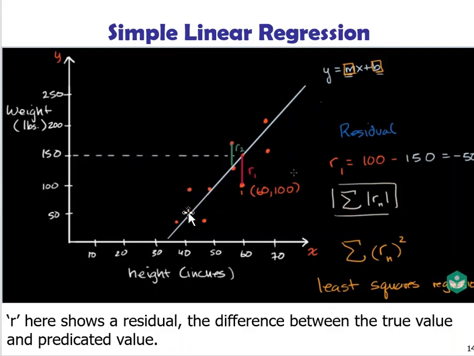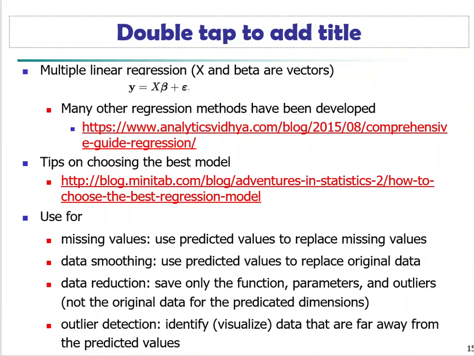For the residuals that we have received, if we are actually finding a good model, a good line here, those residuals should be normally distributed. So one thing you definitely want to do when you perform regression is to check the residual plot. That is covered in this link and some other tips. If you are interested, you can look into that.